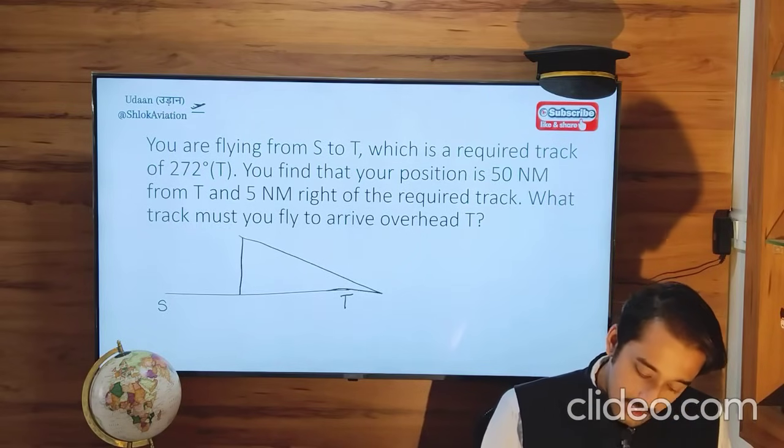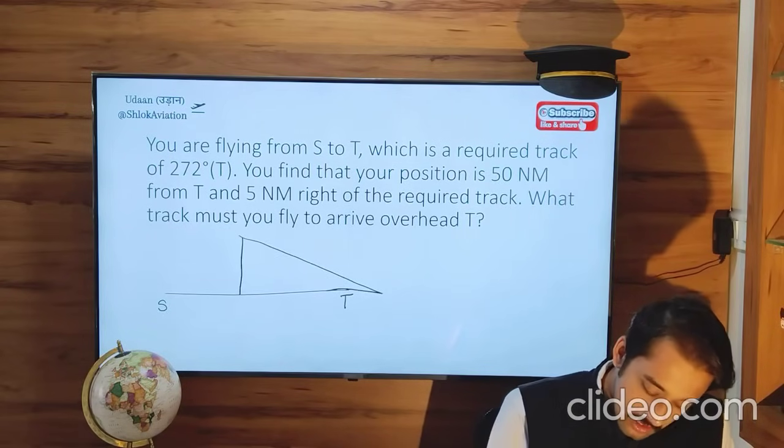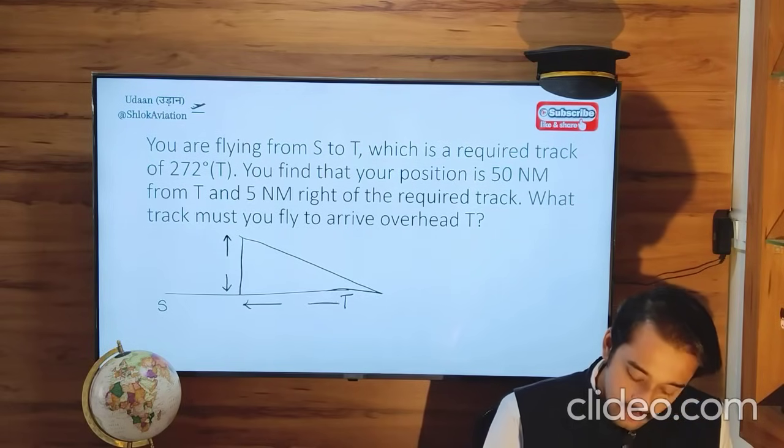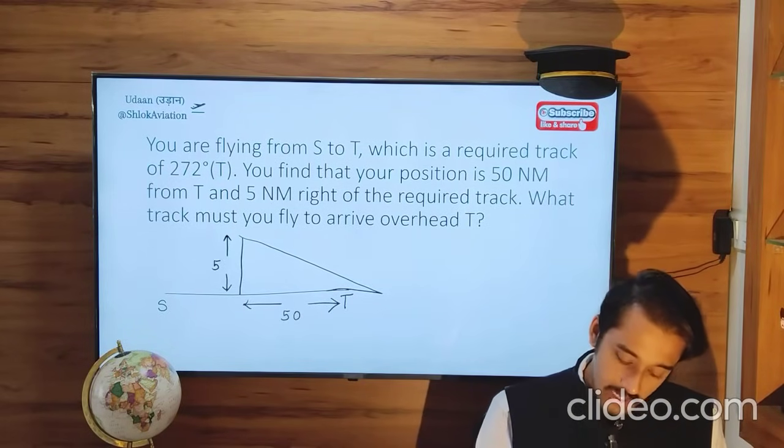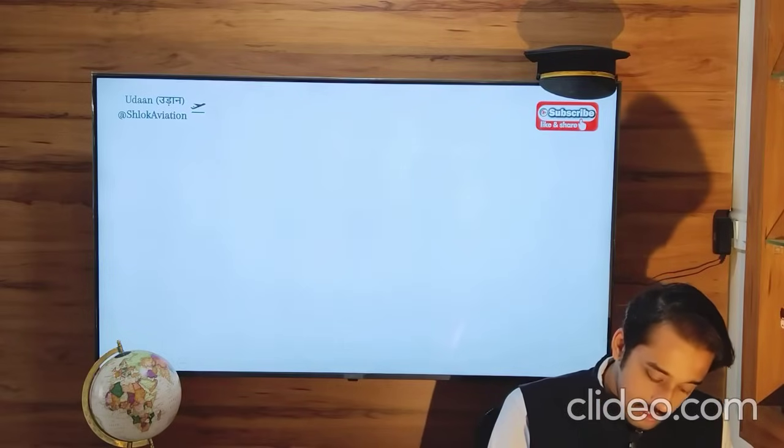So Sierra to Tango is given. So you are 50 miles away from your destination and your distance off track is 5 nautical miles to the right. So I will draw this again here.